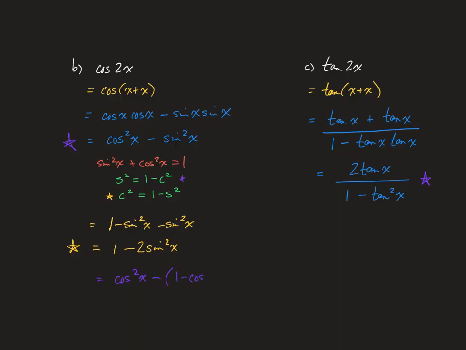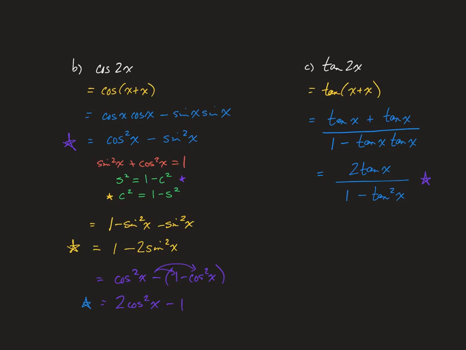So I'm going to replace that sine squared with 1 minus cos squared. When I simplify that, I can see that I'm going to have a positive cos squared with the other cos squared is going to give me 2 cos squareds, and then my negative 1 when I expand. There is another version of your cos double angle identity.